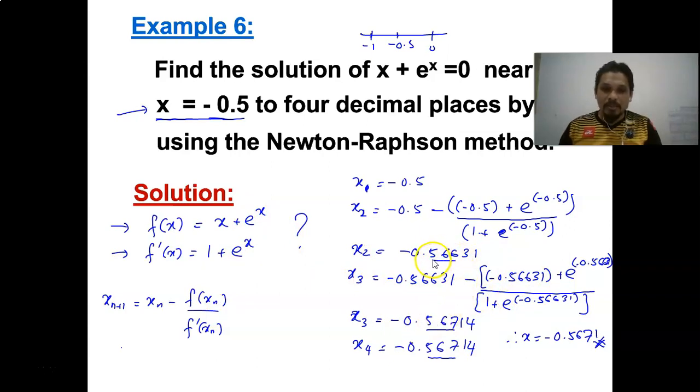We want at least 3 decimal places repeating, but in x2 and x3 this does not happen, because here is negative 0.566 and here is negative 0.567. Use this formula again to generate x4, and finally we found that it is equal, we call it repeating, which is negative 0.56714, exactly as the previous x3. So this is our answer.